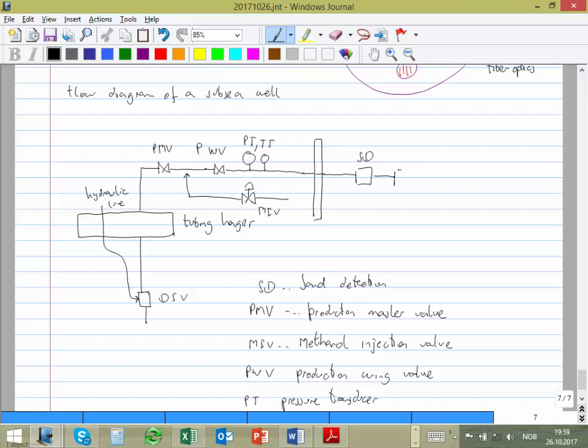Okay, then I have another thing here that is MPM, multi-phase meter. Okay, and then here finally I have again a PT and a TT. Okay, then I have the choke, and then I have another PT and TT.